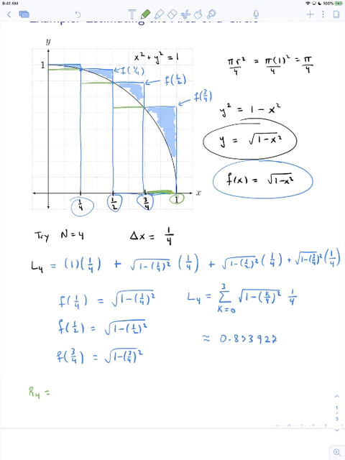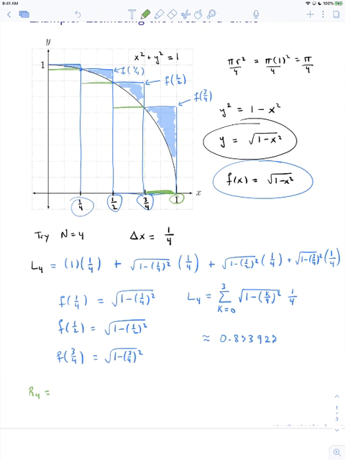So you can see that this is going to be an underestimate that's quite under the actual value, because I'm not including any of the rightmost rectangle in my sum, or at least none of the circle is included in that. So this will be too small for sure. So what does this look like if we add it up?